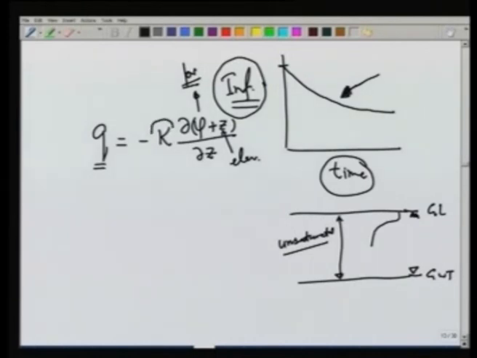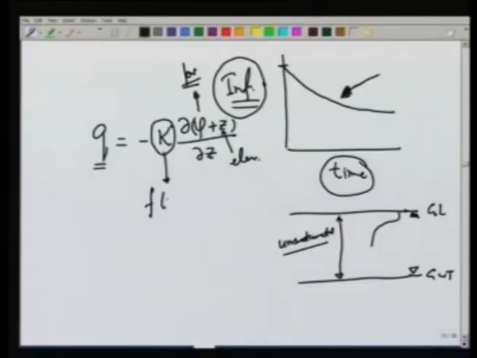But the only problem is that K, instead of being a constant, the conductivity was constant when the soil was saturated, is now a function of the pressure head psi. Typically in unsaturated conditions, psi will have a negative value, we call it the suction. So, negative pressure is called suction.